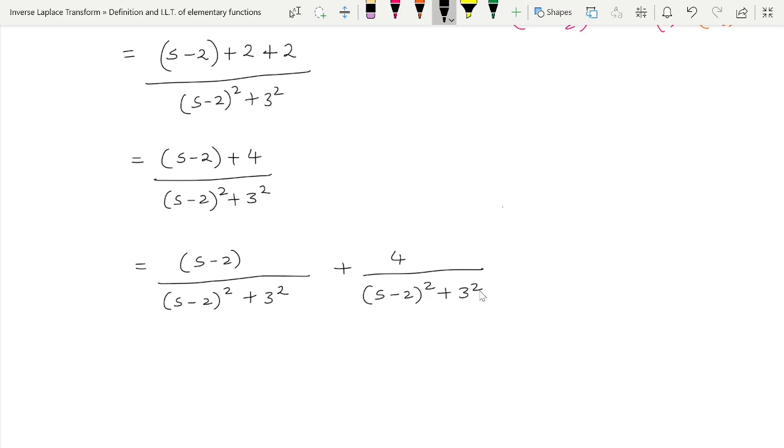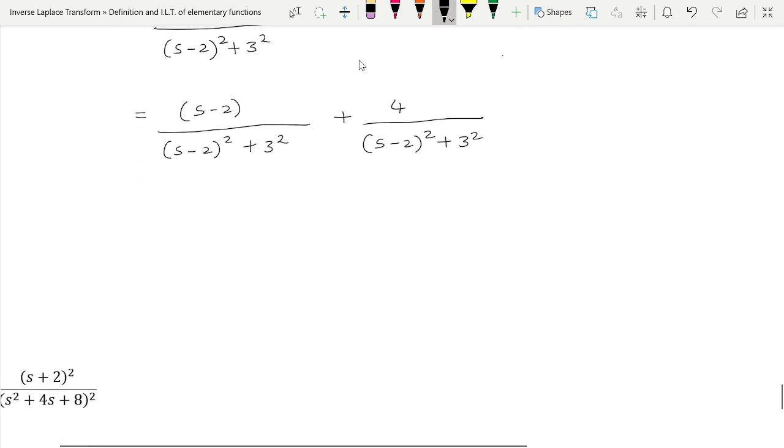Now it looks familiar, right? Now we will operate L inverse from both sides.